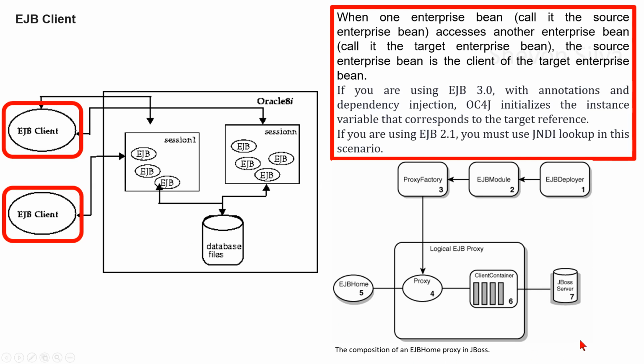Here you can see the composition of an EJB home proxy in JBoss. Let's begin our tour of the EJB container by looking at the client view of an EJB through the home and remote proxies. It is the responsibility of the container provider to generate the javax.ejb.EJBHome and javax.ejb.EJBObject for an EJB implementation.